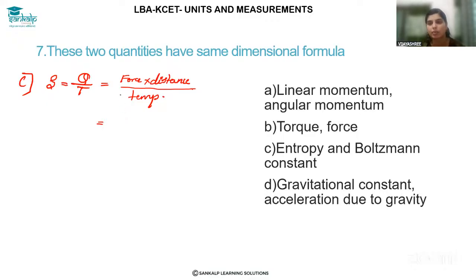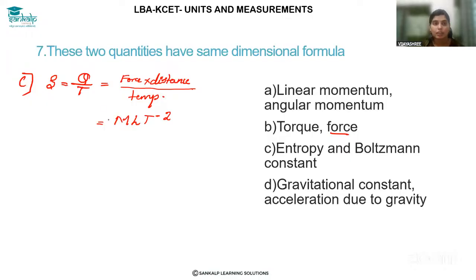We already determined the dimensional formula for force, right? So what is the dimensional formula for force? It is MLT raised to minus 2, into distance, which means L. Next, the temperature dimensional formula.